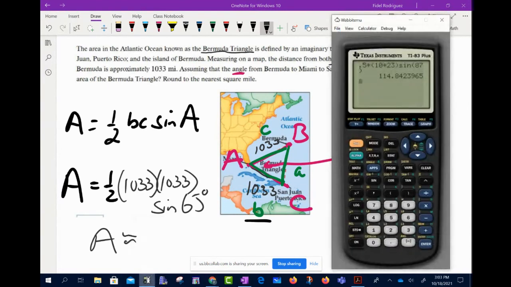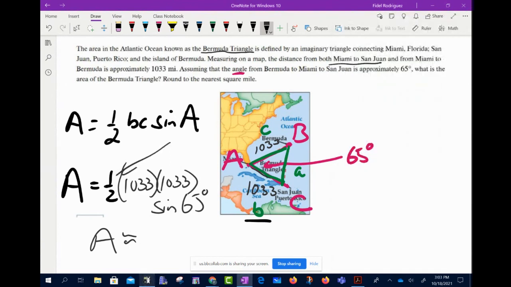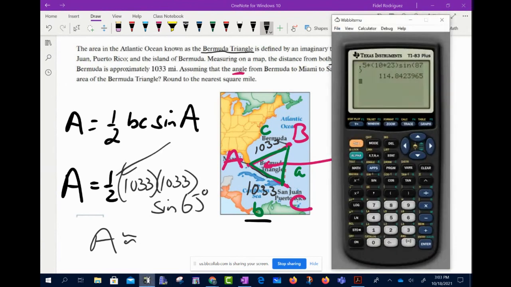And so again, y'all, I'm going to do this on my calculator. So remember, on my calculator, y'all, 1/2, I'm going to write it as 0.5, right? So I'll write 0.5 and then 1033 times another 1033. Times the sine of 65 degrees.